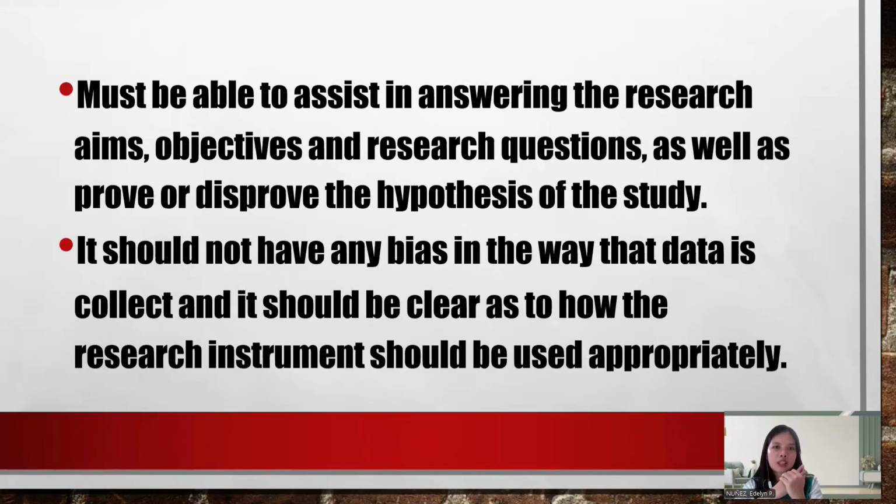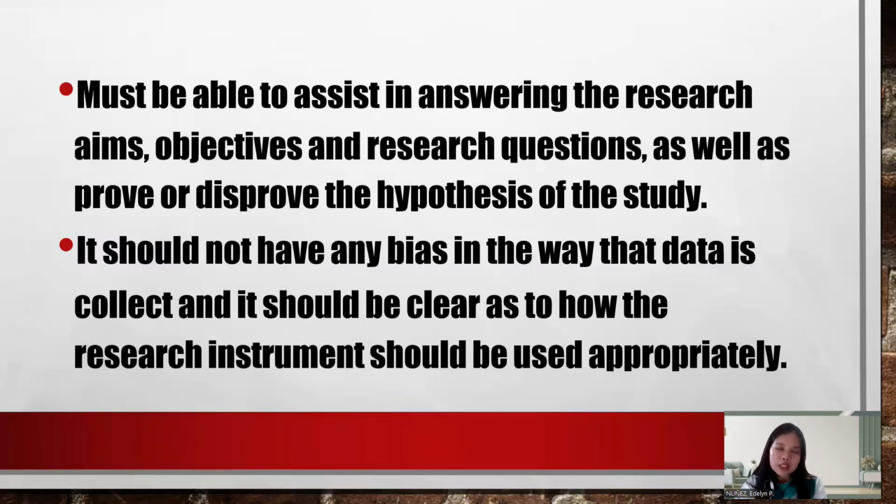We also have the questionnaire. A questionnaire could be divided based on your objectives, as I have discussed in the video that I have sent to you. It should not have a bias in the way that data is collected, and it should be clear as to how the research instrument should be used appropriately.